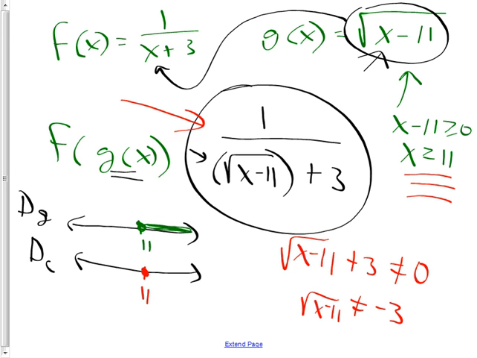That means that would never cause this function to crash, and therefore that part is not going to cause any extra important point, because there is nothing that will make the denominator turn into 0. So all we got to do is use the same exact thing. If these two are exactly the same, then when they overlap, the final answer is from 11 to infinity. Raise your hand if you knew that before I said it.